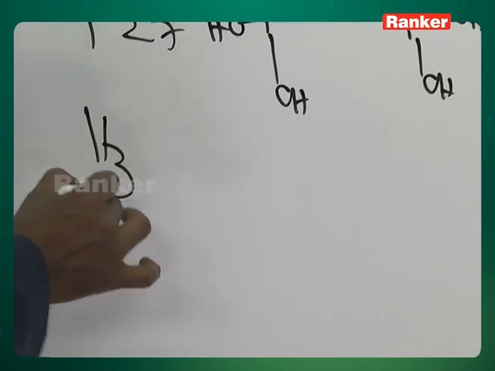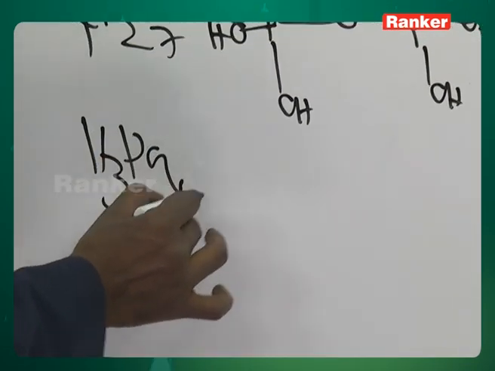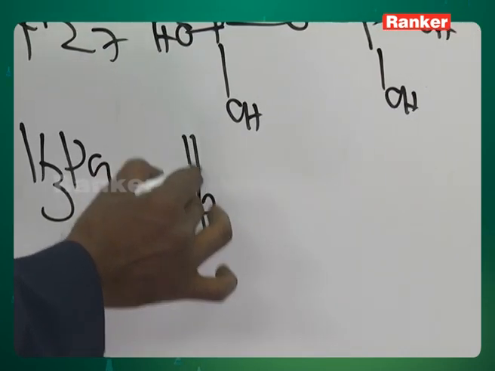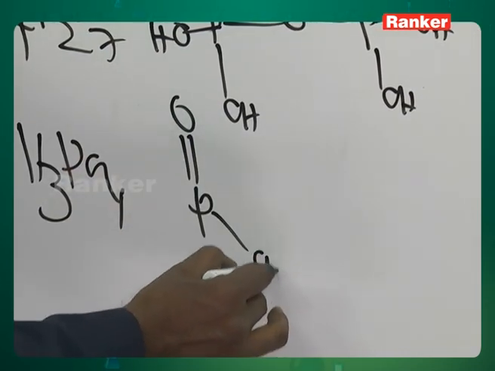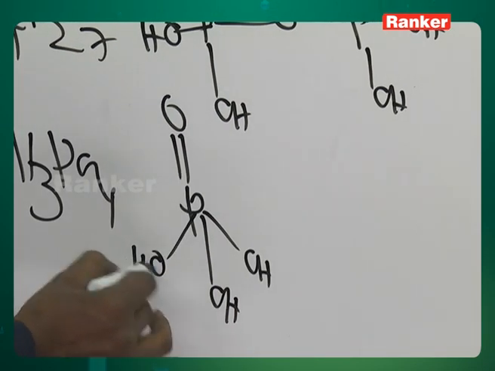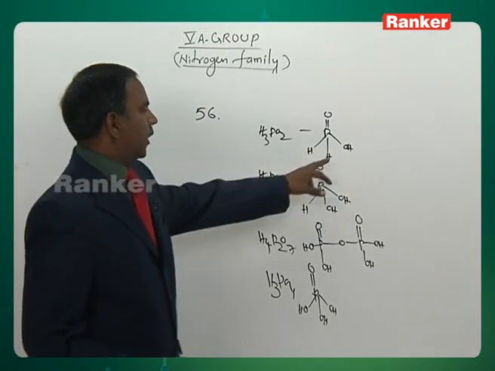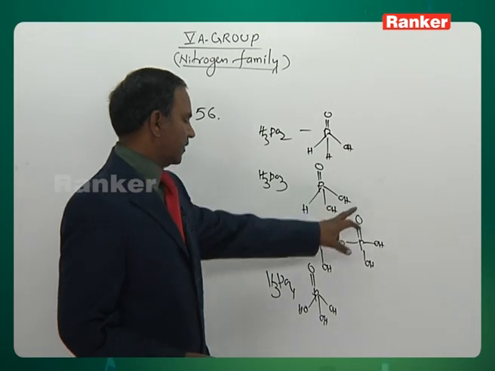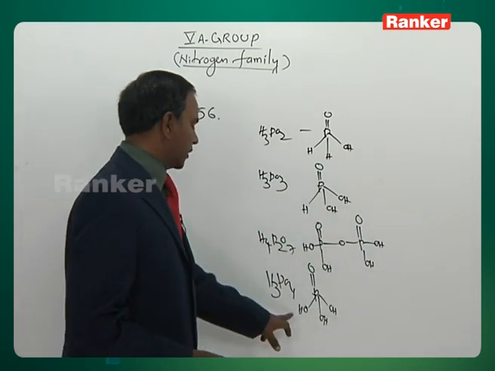Then H3PO4, tribasic. It is monobasic, it is dibasic, it is tetrabasic, it is tribasic.